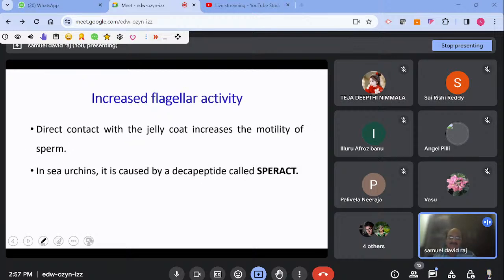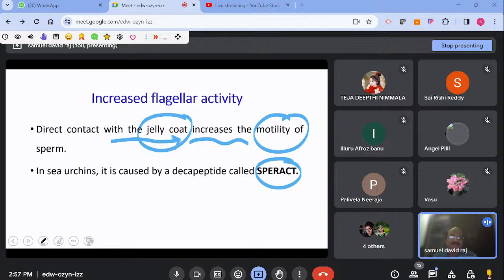So let us discuss first the increased flagellar activity. There is a secondary egg membrane, that is the jelly coat or primary egg membrane, whatever it may be. There is a direct contact with the egg membrane which increases the motility of the sperms, and this is accomplished by a decapeptide or a chemical substance released in case of sea urchins called resact. Why am I mentioning only sea urchin but not the other organisms?